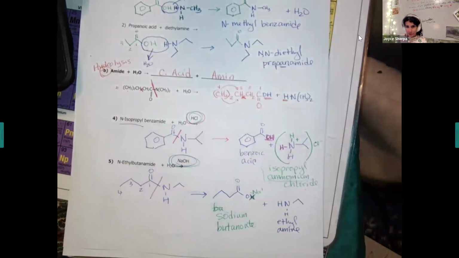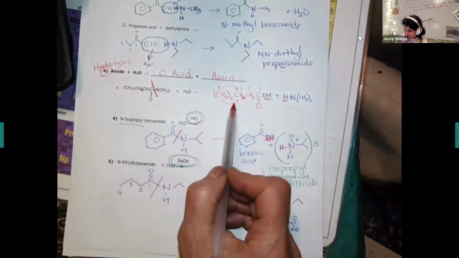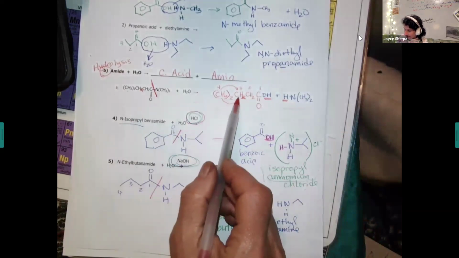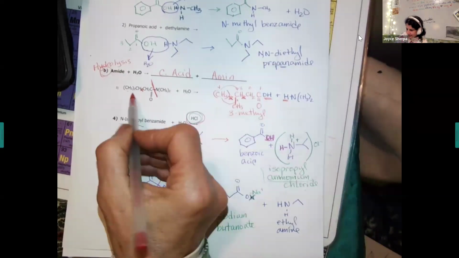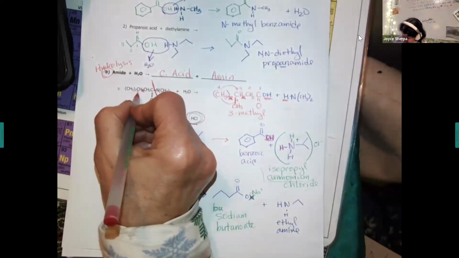So it was a butanoic acid also up here on question number 3, and then there'd be a 3-methyl. So both those CH3s, or one of them you can cross off and actually show it attached there. Just because somebody will always ask me what would have been the name of that, and it is that one of these methyls is attached here at carbon number 3. So it's a 3-methyl butanoic acid.